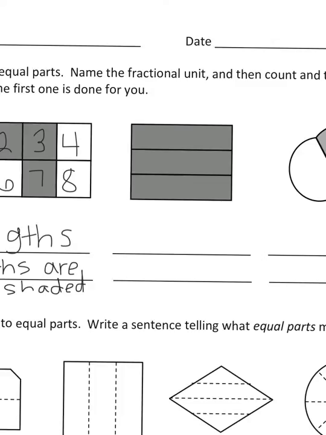Next one, let's count how many equal parts. 1, 2, 3. This is broken into thirds. Now name how many are shaded.